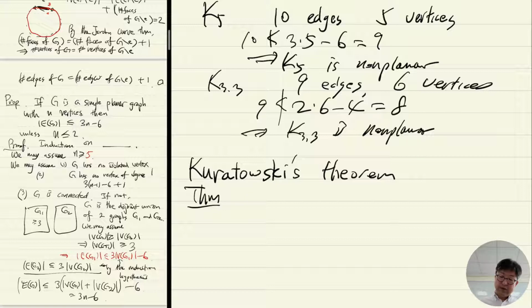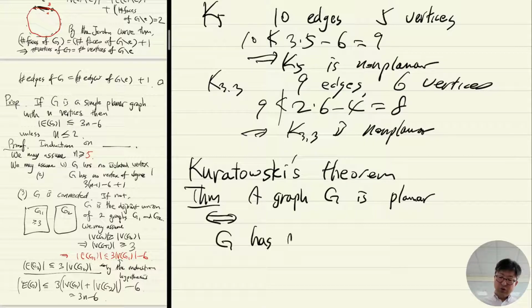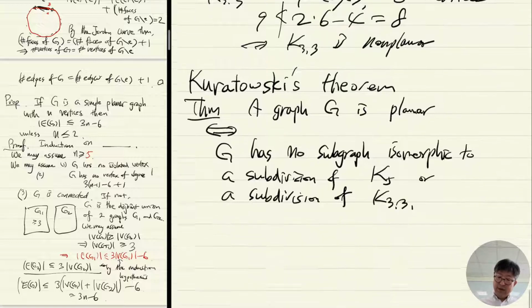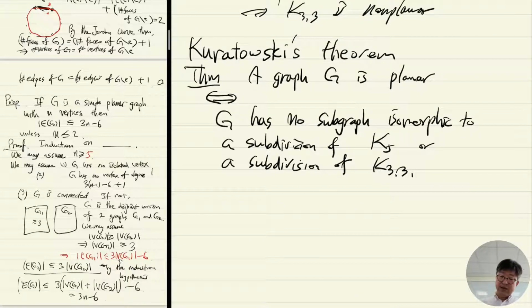A graph G is planar if and only if G has no subgraph isomorphic to a subdivision of K5 or a subdivision of K33.